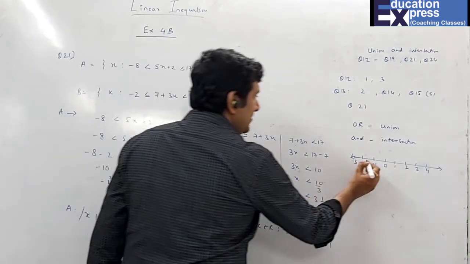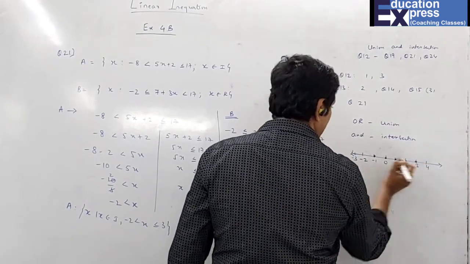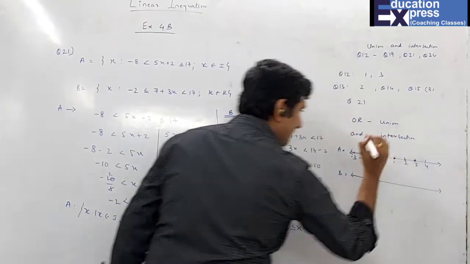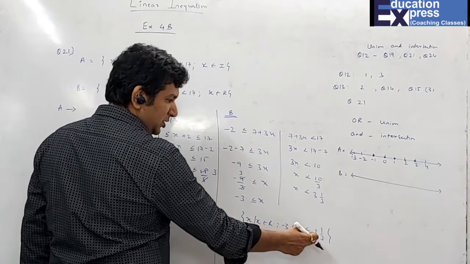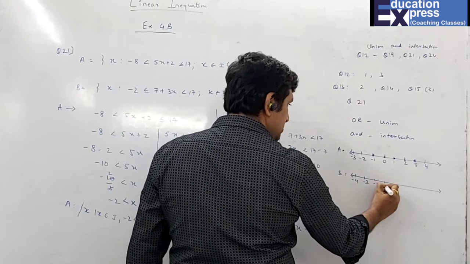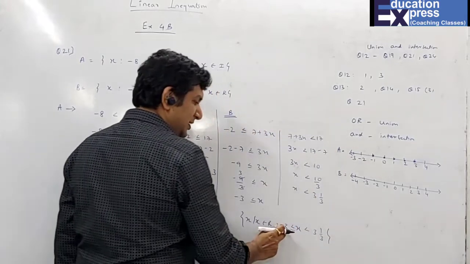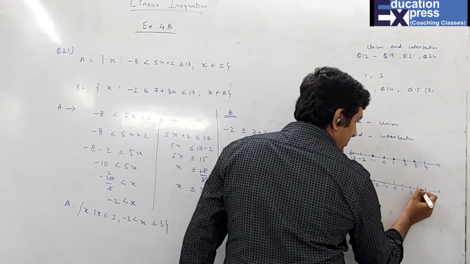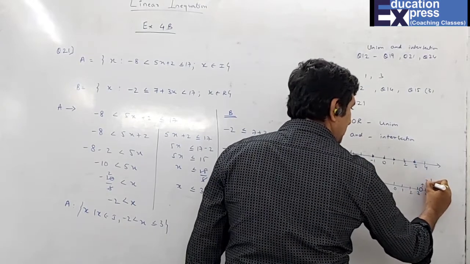Let's start with -1, 0, 1, 2 and also 3. This is for A. Now for B, from -3 to 3 1/3. So -4, -3, -2, -1, 0, 1, 2, 3 and 4. So -3 is included until 3 1/3, which is somewhere over here and is not included. So I'll just mark an arrow and write 3 1/3.